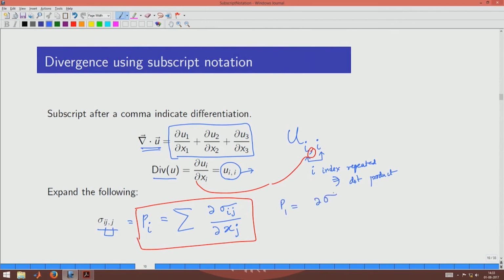So, dou sigma 11 by dou x1 plus dou sigma 12 by dou x2 plus dou sigma 13 by dou x3. So, there is a sense of divergence that is coming in, but there is an additional dimension because you have got these as just elements of a vector p. Okay.